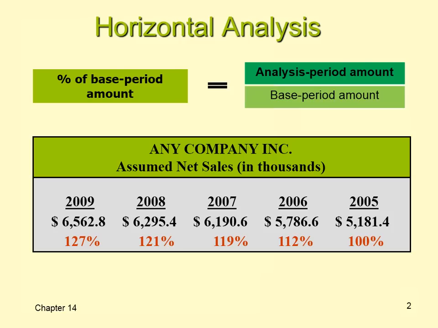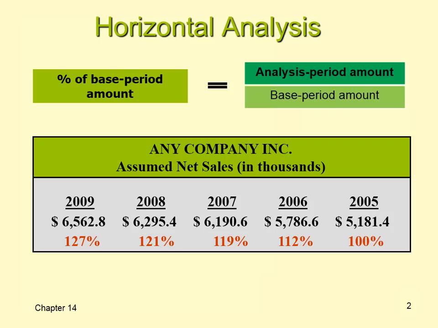Now here's the key: when we're talking about the percentage of base period amount, the base period never changes. Once we set 2005 as our base period amount, every other number is expressed as a percentage of that figure. So if I do 2007, I'm going to take the $6,190.06, or 60 cents, and divide that by the $5,181.40.